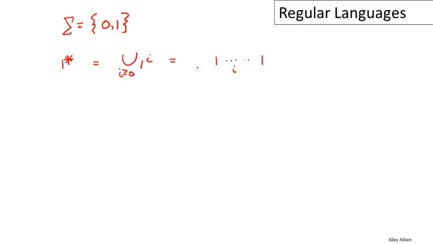And so this is going to be the empty string, that's 1 concatenated with itself 0 times, followed by 1, followed by 1, 1, followed by 1 concatenated with itself 3 times, followed by 1 concatenated with itself 4 times, and so on for any number of times. And so we can see that this is just equal to all strings of ones.